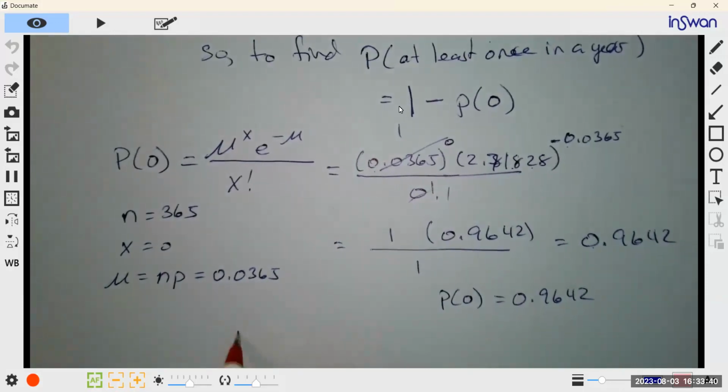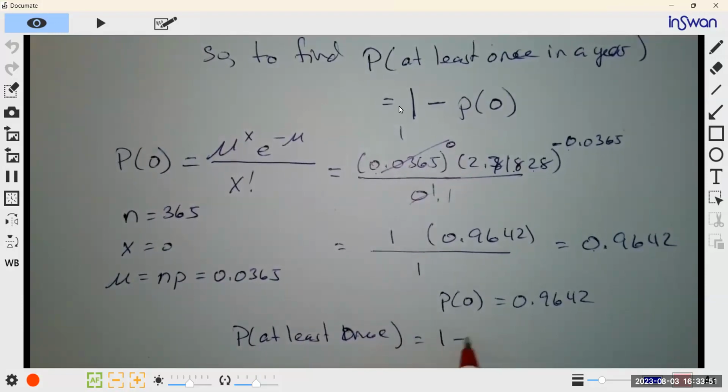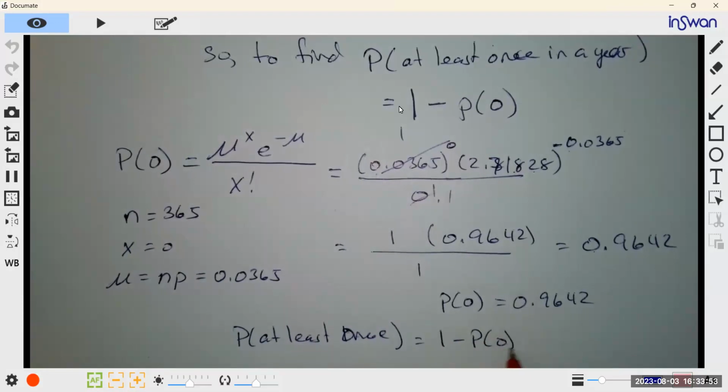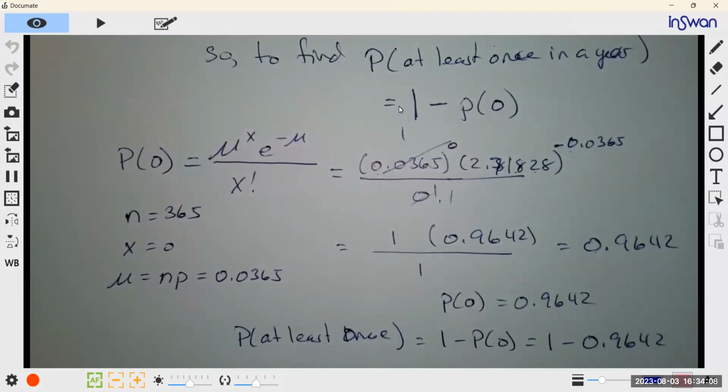So the probability of winning at least one time is equal to 1 minus P of 0, 1 minus 0.9642, which is equal to 0.0358.